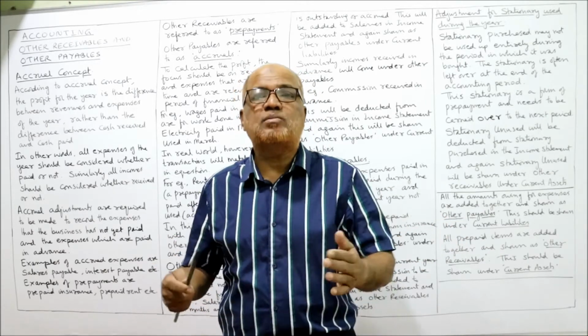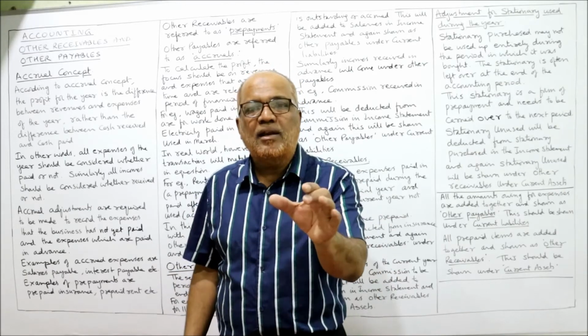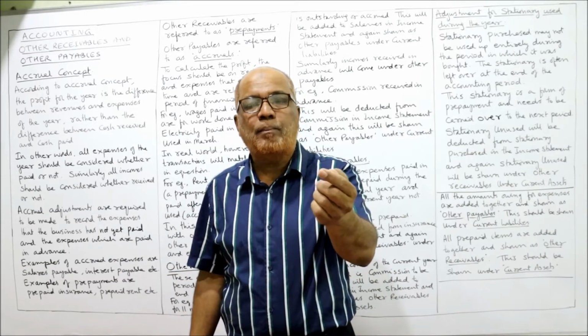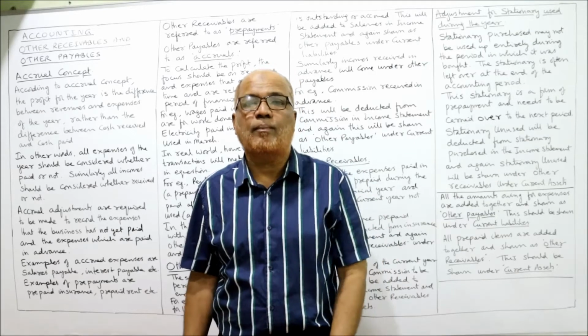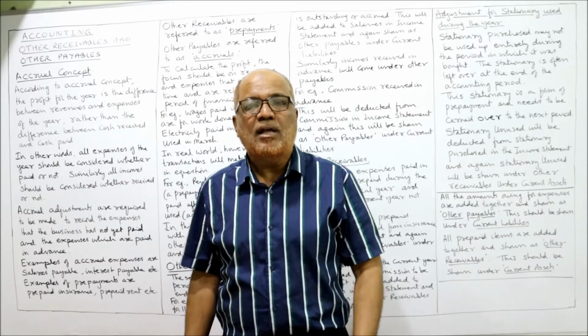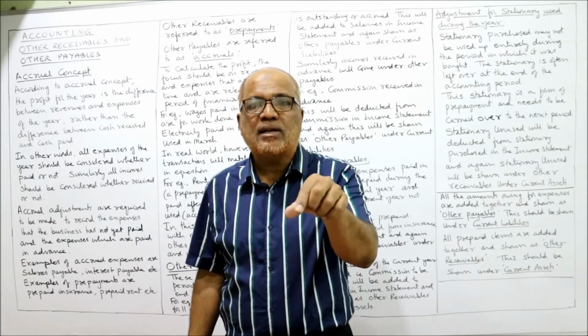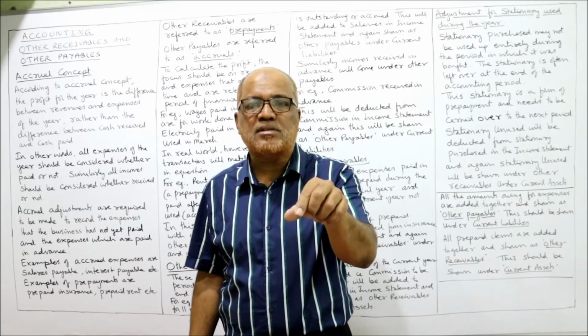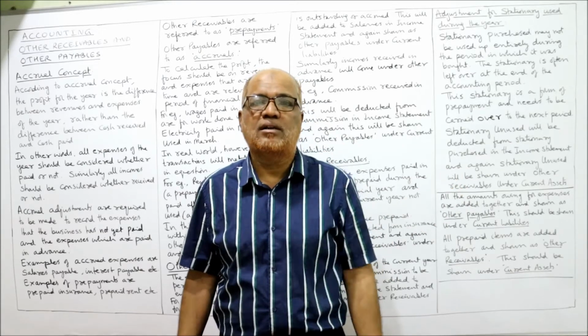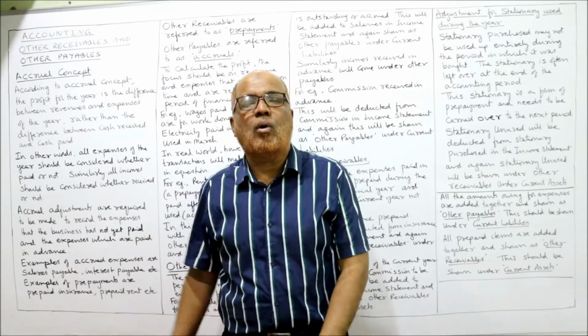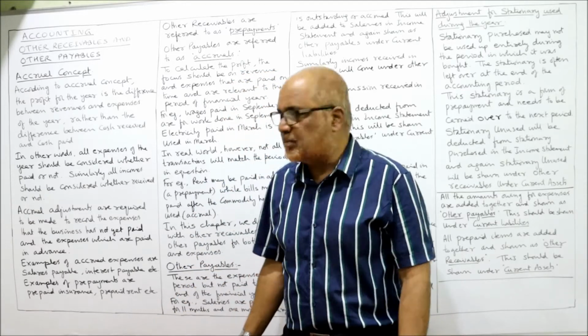We have to make the adjustment for outstanding expenses. Similarly, some expenses are there which are paid in advance. Again, adjustments are required for payment in advance. These accrued expenses, outstanding expenses, and prepaid expenses have to be adjusted. And those adjustments are called accrual adjustments.